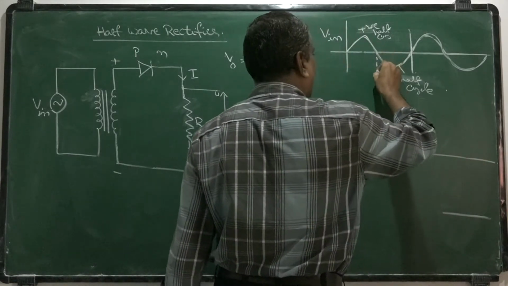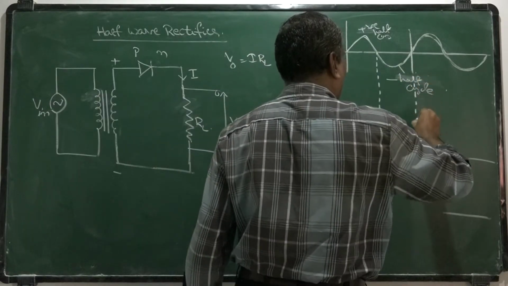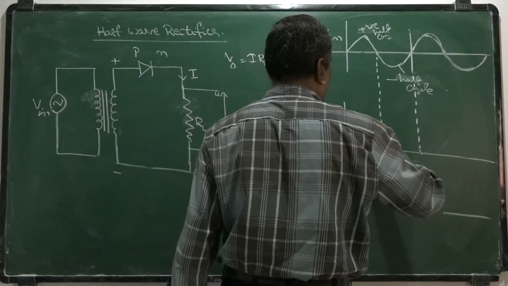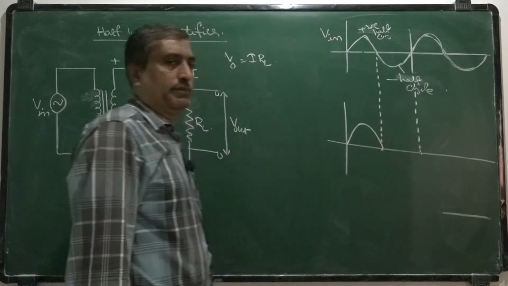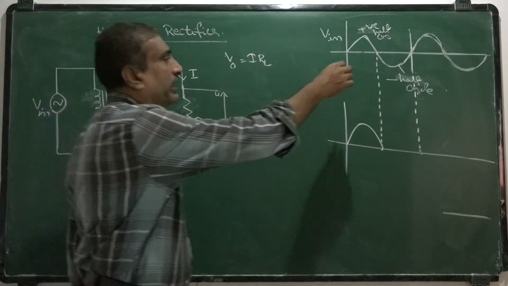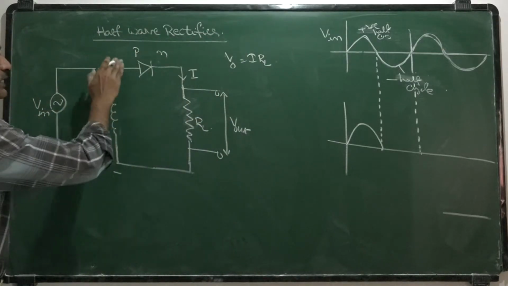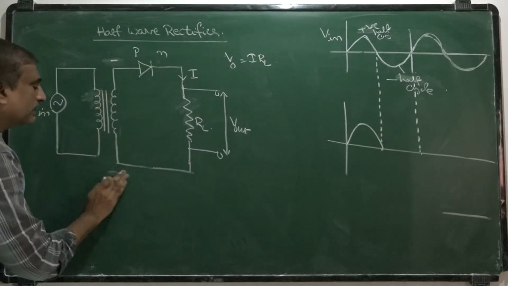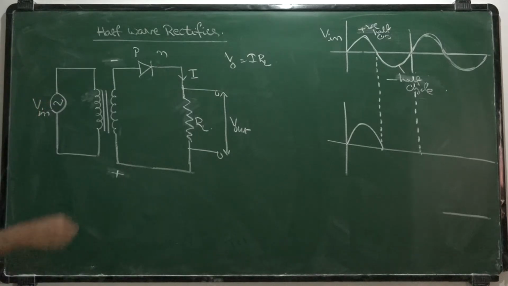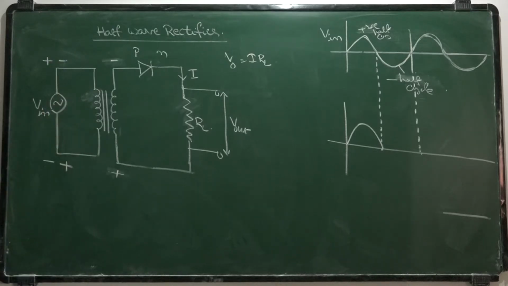During this half cycle we get an output like this. Now during the negative half cycle, this terminal becomes negative and this terminal becomes positive, so the same appears across this also.